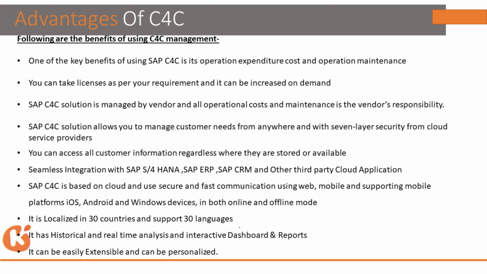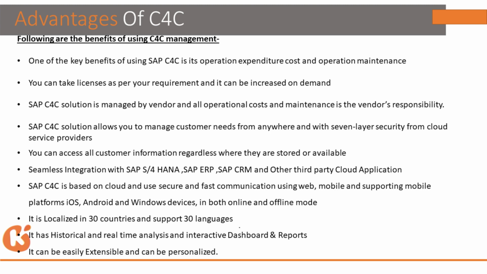Now, you can take the license as needed, and it can be increased on demand. What does it mean? For example, a company purchased 20 licenses for the first quarter, and they are provided to consultants so they can utilize them for preparation.